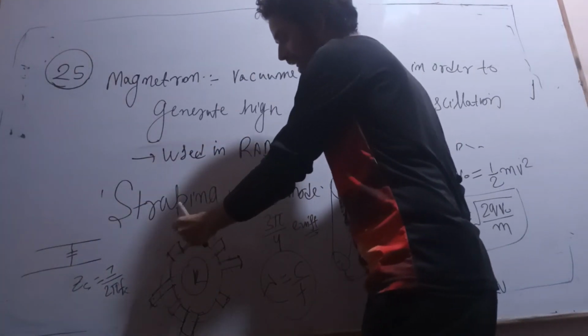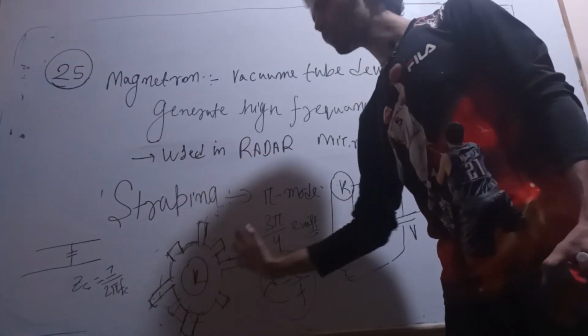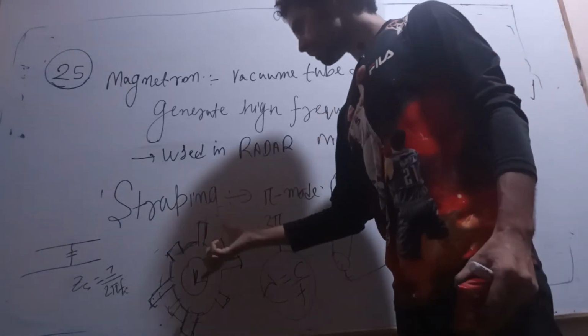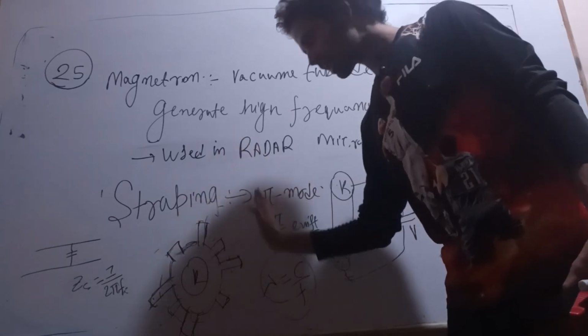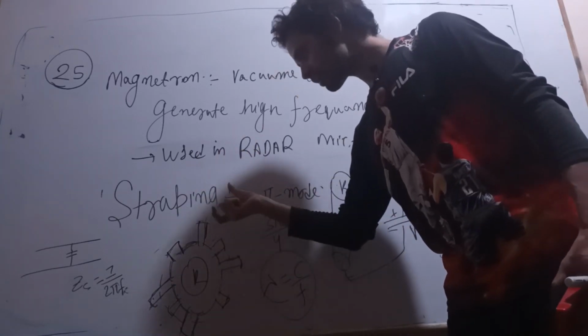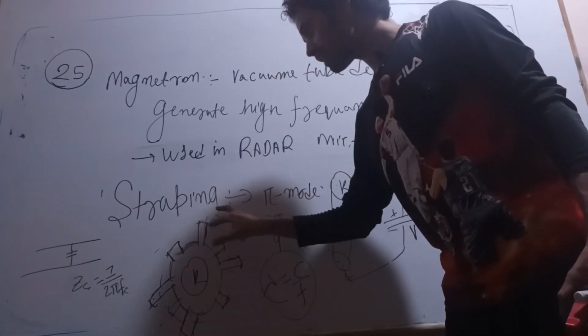We are using this type of cavity. It is looking exactly like a sun, because some of the cavities are large and the alternate cavities are a different size.